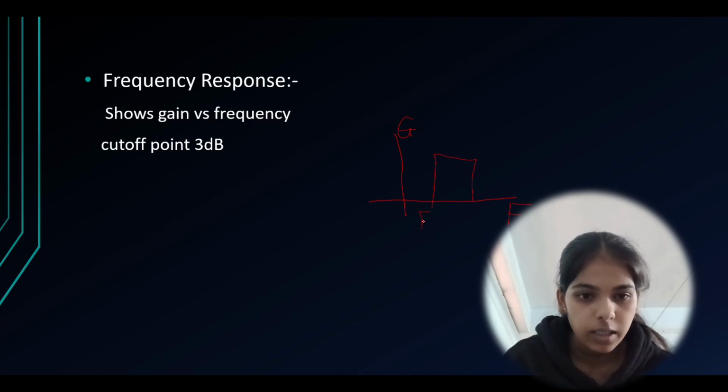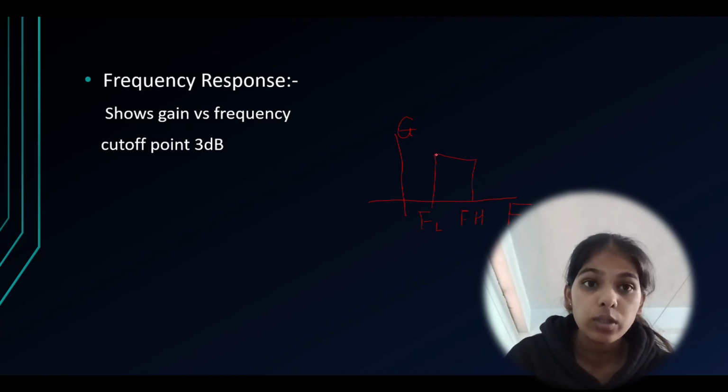Here is F L, and here is F H. These two are the cutoff points where the gain reaches 3 dB.